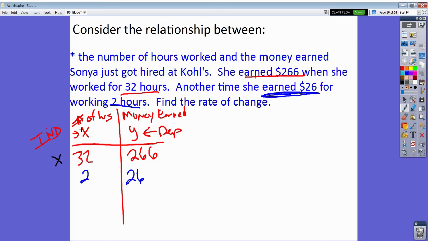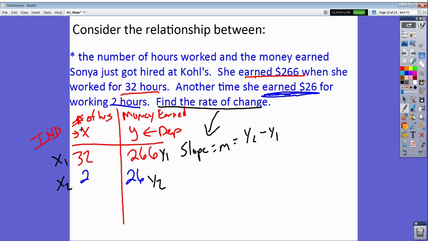We need to label our X1, our Y1, our X2, and our Y2. And we're trying to find rate of change. Remember, another word for rate of change is slope. We know the variable that represents slope is M. And we know the formula is Y2 minus Y1 all over X2 minus X1.